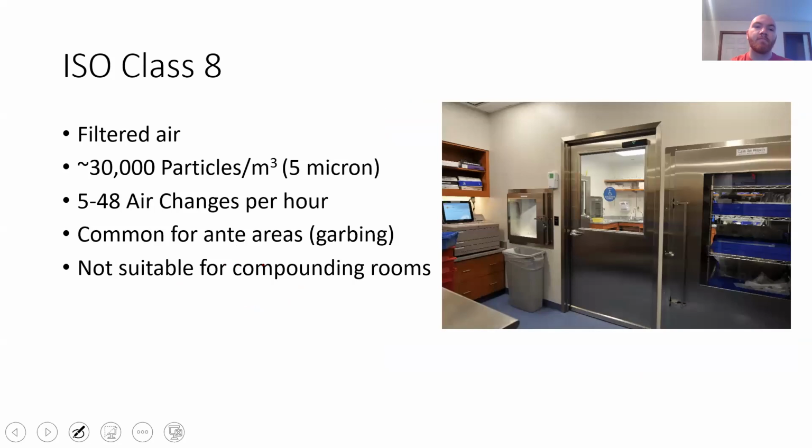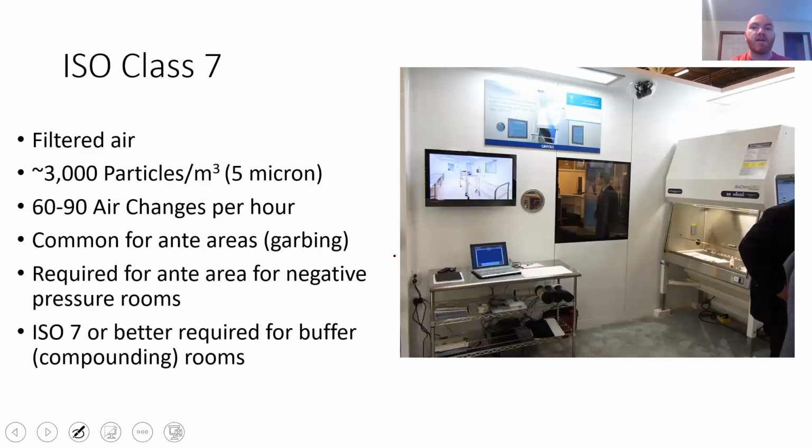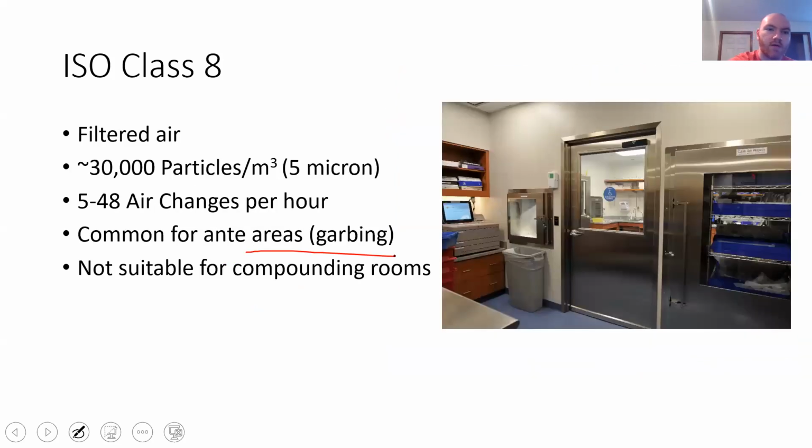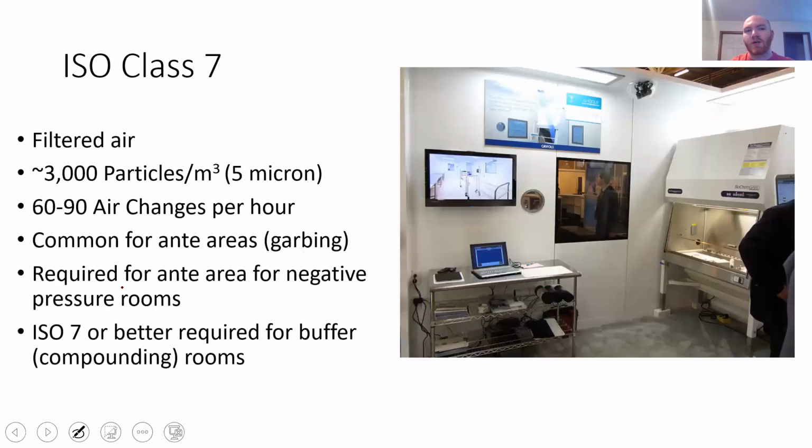ISO 8 is kind of your first level of keeping things particularly clean. Like I said before, this is generally going to be your garbing area, and it is not suitable for compounding. ISO 7 is your next level of cleanliness. You will need to know these things. I'm not sure how common they are on the exam, but I'll ask questions about it.